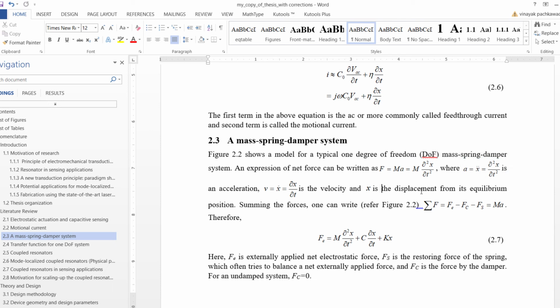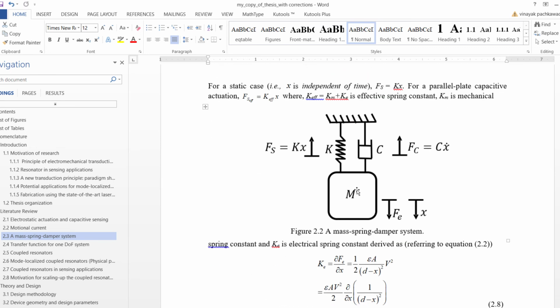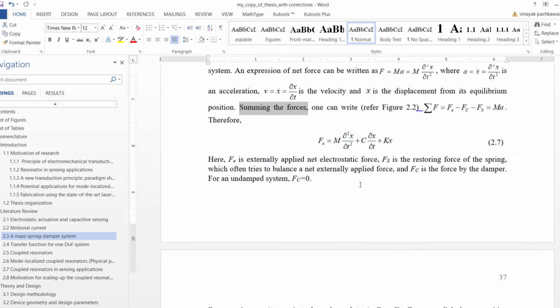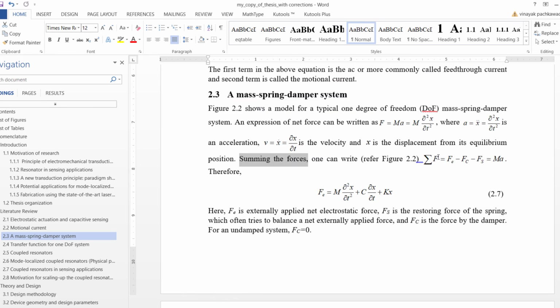So what we can do is sum these forces, and in this figure all these forces can be summed over here based on their directions, and one can get an expression like summation of forces equals Fe, which is the applied force, minus Fc, which is the damping force, minus Fs, which is the spring force.